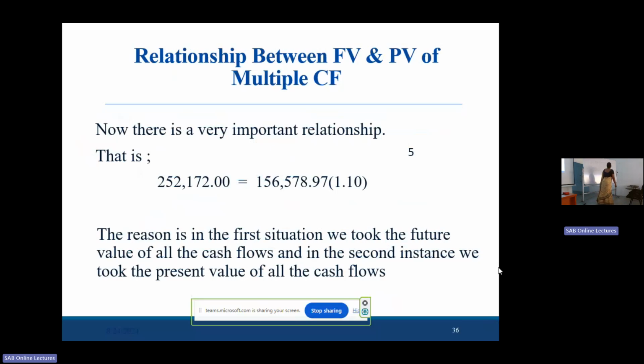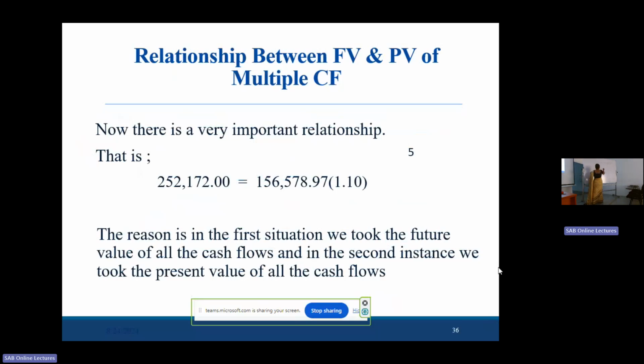At the very beginning, if I ask you to value this investment to the end of year 3, suppose you have no future value and no present value, so you are not valuing this cash flow to either the present or the future. Initially, I am asking you to value this investment to the end of year 3, considering the total investment period.